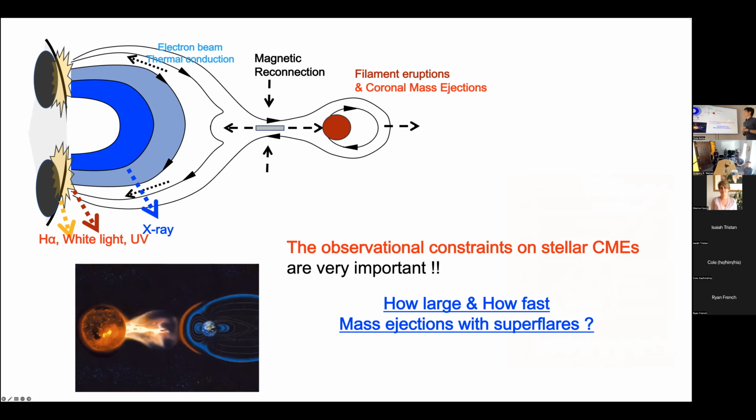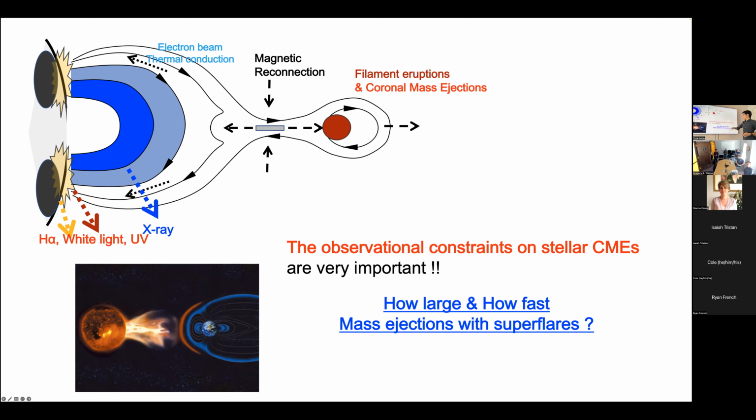So now we have flare, as I explained in the introduction. Flare is caused by magnetic reconnection here. The energy is injected in the corona and transported to the lower atmosphere. And we observe the emission from here. But plasma is also ejected.